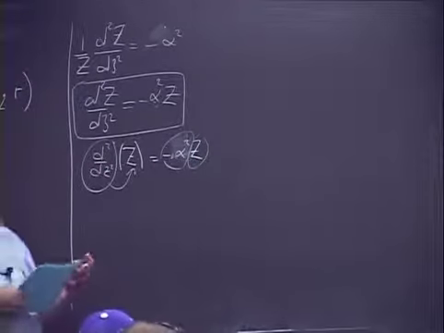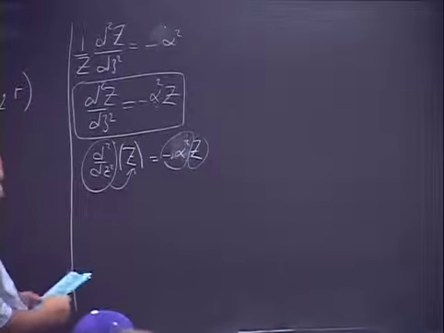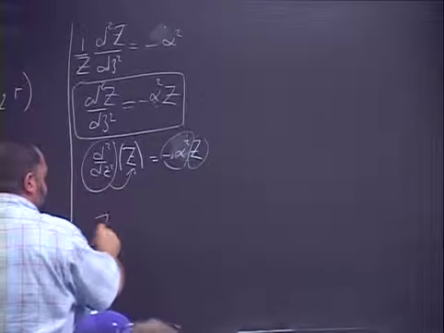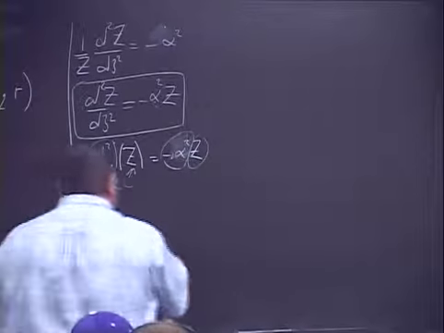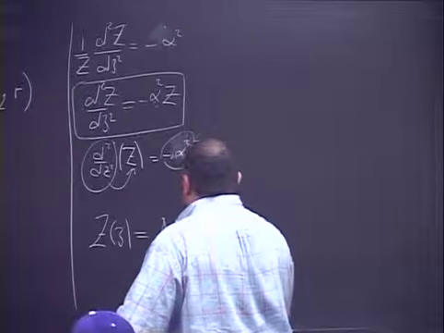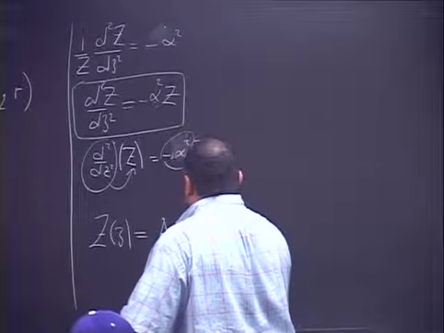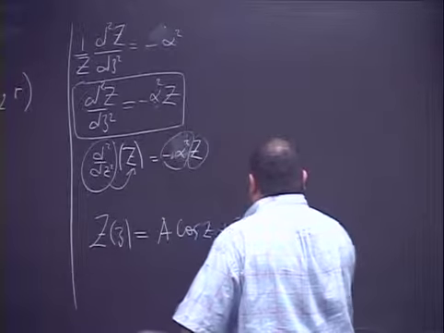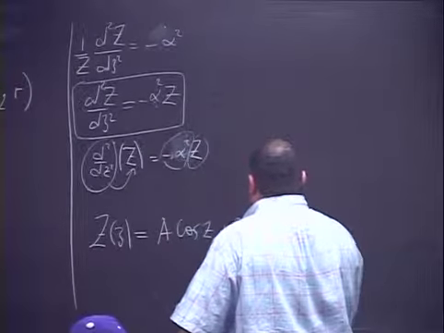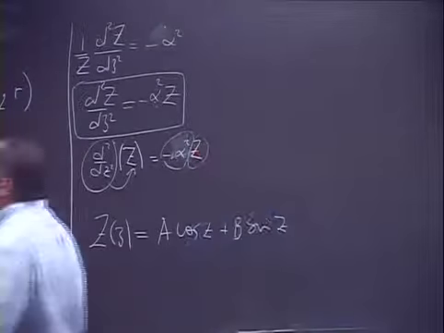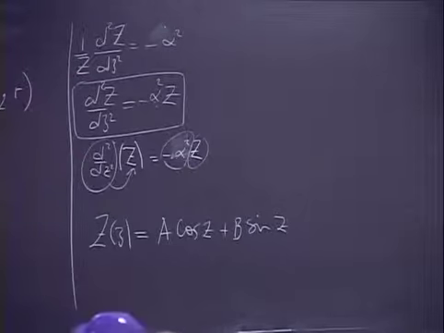So what's the solution for this equation? Capital Z of z small is nothing more than some constant multiplied by cosine alpha z small plus another constant multiplied by sine alpha z small. But from symmetry, the flux has a cosine shape in the height direction.